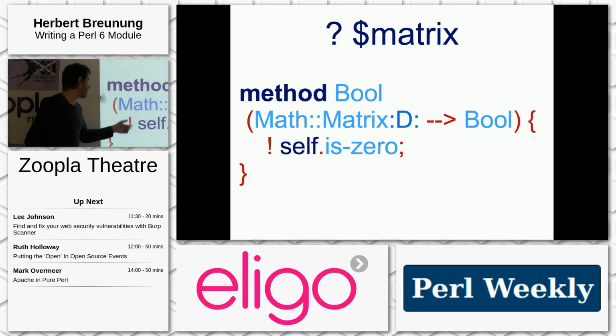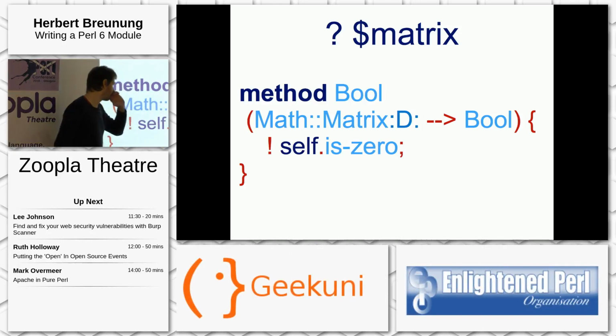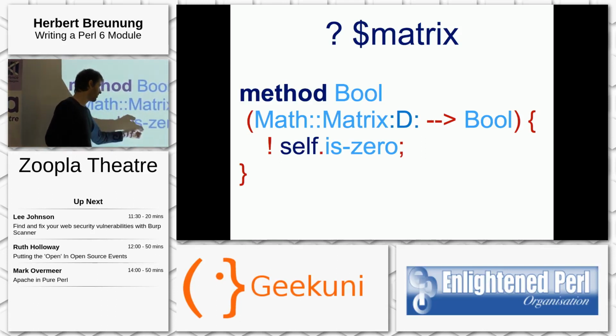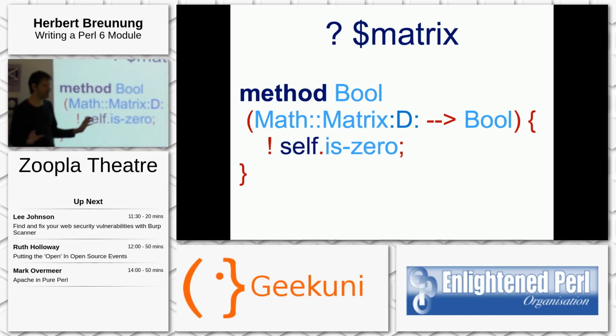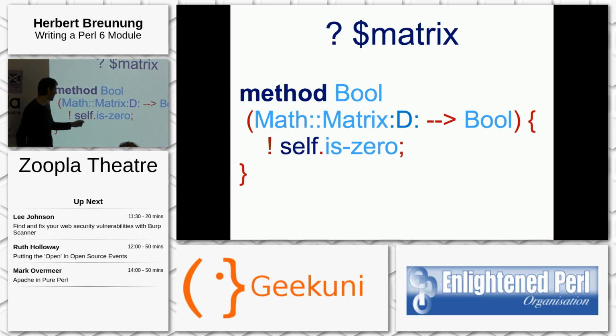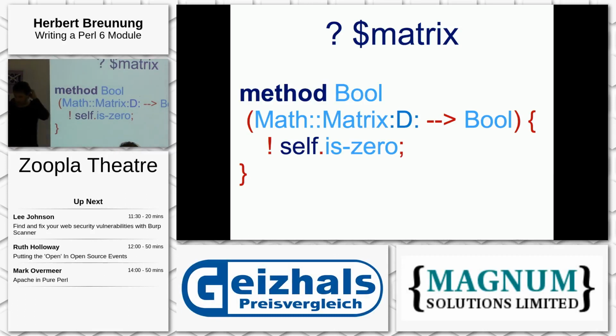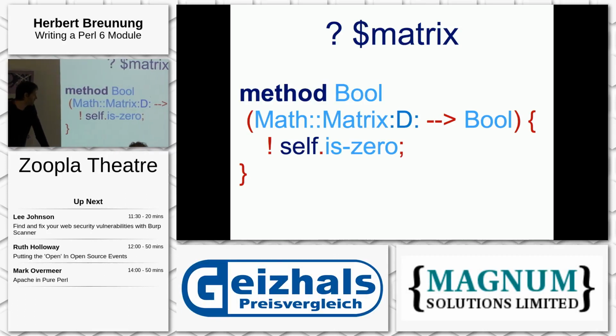In case I forget it later, also the naming: I use here another method which is part of the object. Of course we often use the dash, which is not possible in Perl 5 but is in Perl 6, and you should use it. It's optically much more pleasant because it visually looks like something together, and normally you use the underscore to separate things. Here you can even visually see that this is one name, does one thing, and the other stuff is the "is". The "is" is a narrative in Perl 6 for the Boolean context itself.